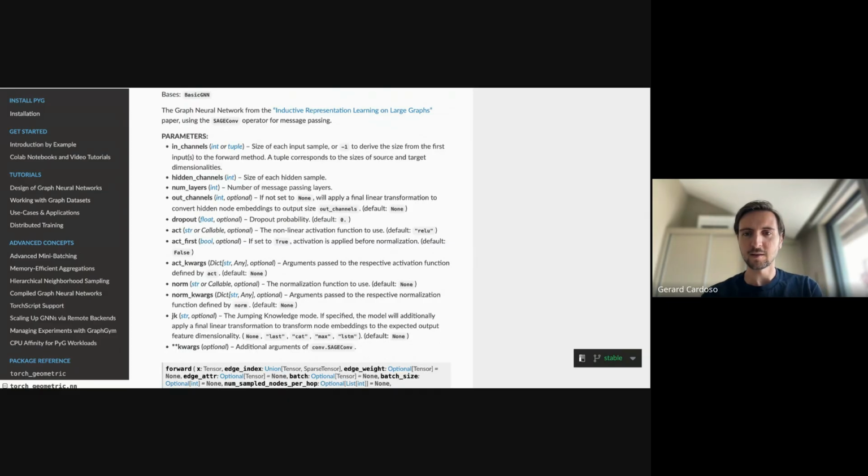I thought it was interesting that the default is mean, even though that's not the best performing one in the paper, but it's probably more efficient to train, and might lead to fewer problems. So mean is the default, but if you want to play around with it, you have to pass in the extra keyword arguments. And you can change, for example, the nonlinearity and the dimensions and things like that.